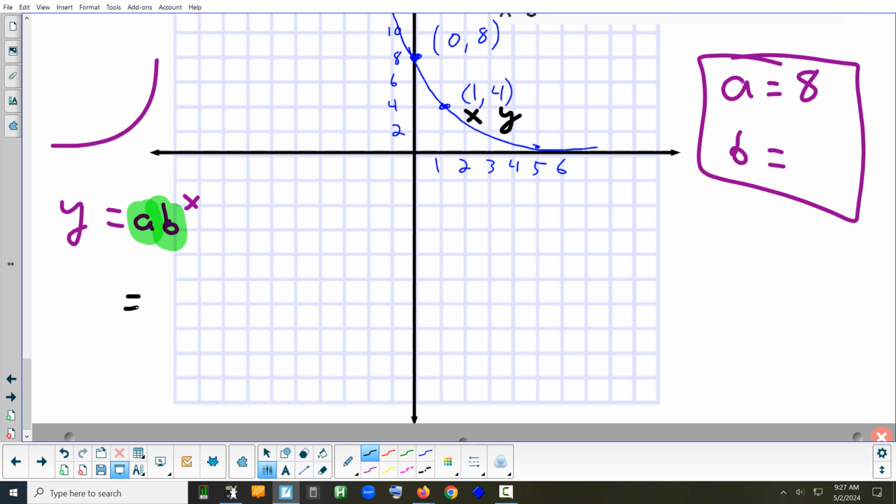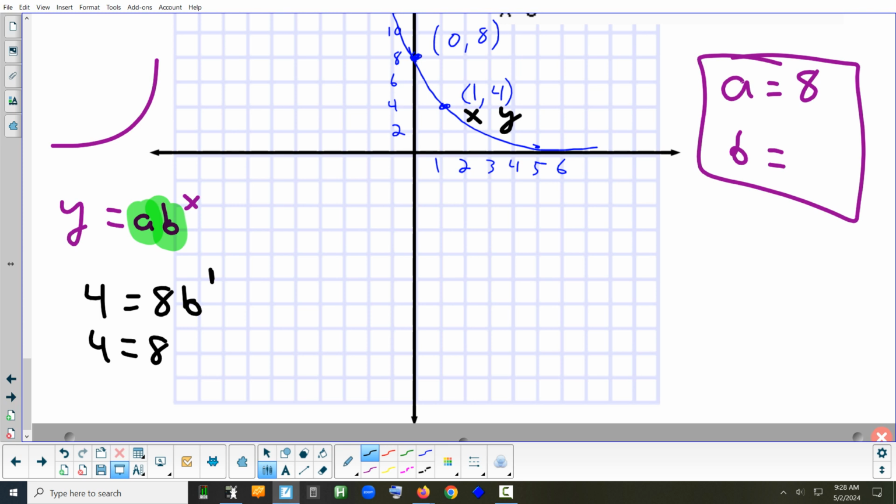What did we just say y is going to be? 4. Okay, y is 4. What are we going to plug in for a? 8. What are we going to plug in for b? Nothing. We don't know that yet. That's the whole point. And what are we going to plug in for x? 1. All right. So now, do your exponent first. What's b to the first power?